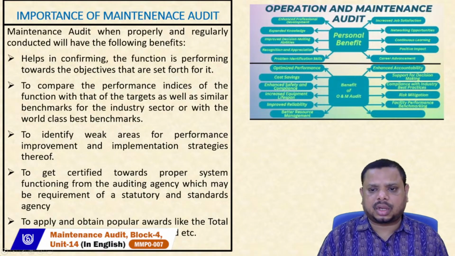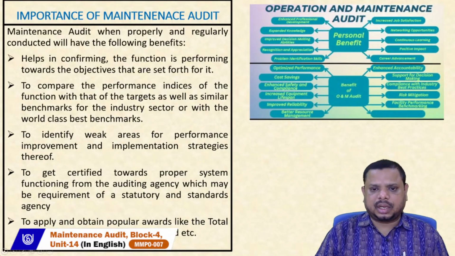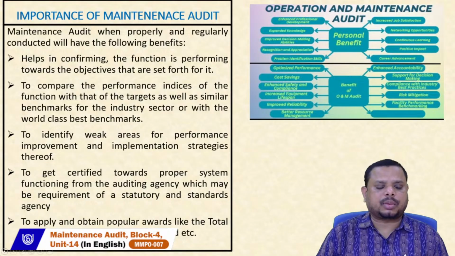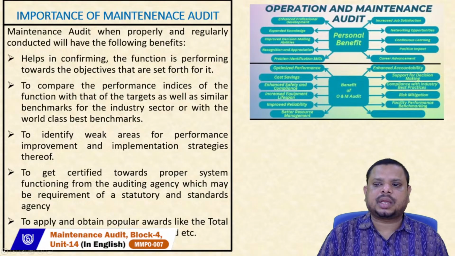But if you observe the other benefits of operation and maintenance audit, the first is optimizing the process. The next ones are cost savings, enhanced safety and compliance, increased equipment lifespan, improved reliability, better resource management and allocation, enhanced accountability, support for decision making, and compliance with industry best practices.